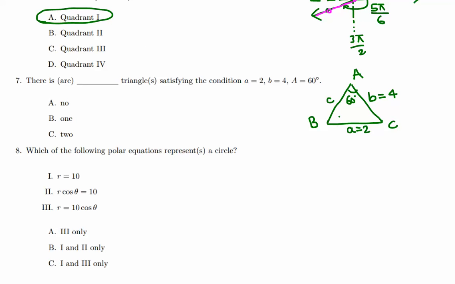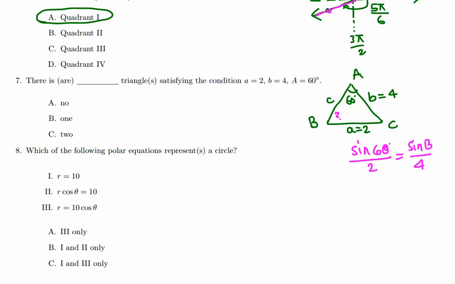B is given, so we will be able to find angle B, and I hope based on this angle B we can conclude about this. So let's find B. We use the law of sines: sine A over lowercase a equals sine B over lowercase b.